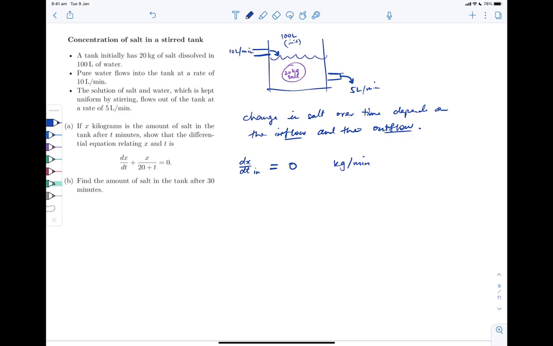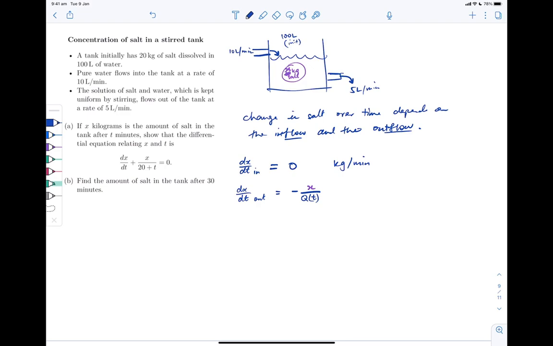Okay, the change going out, well, it's a negative change, and we've got x kilograms of salt here, right? And it's the amount of salt divided by the quantity of the solution, and that varies with time.